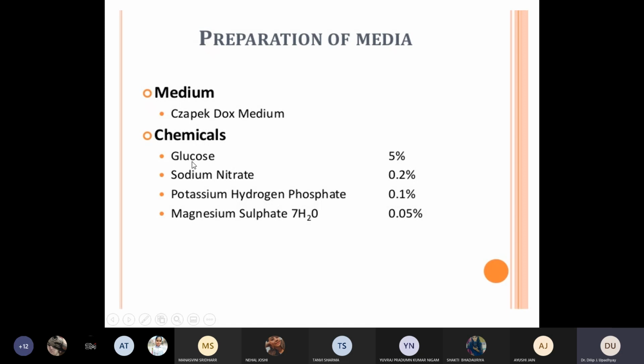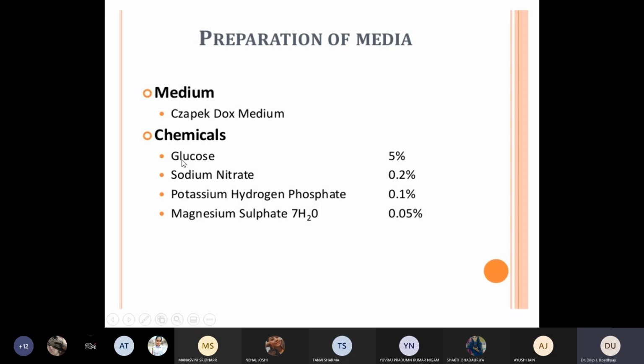In the Czapek-Dox medium, can you see the carbon source? 5% glucose, which is one of the highest, in fact 10 to 20-fold of any other component, because this is a fungus. We are talking about Penicillium griseofulvum, which is a fungus, and fungi can use very large amounts of carbon source.